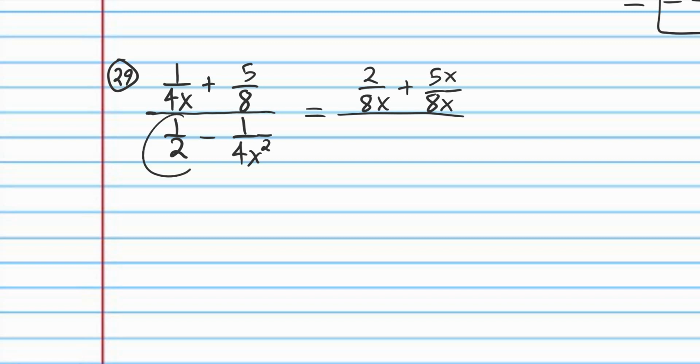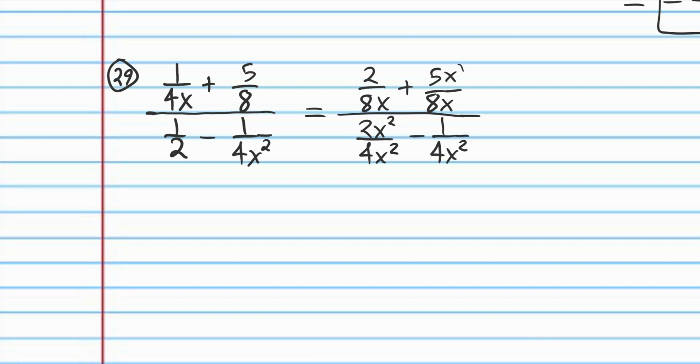I'm going to multiply both sides of this fraction by 2x squared. So 2x squared times 1 is just 2x squared. And 2x squared times 2 is 4x squared. And I don't have to do anything with the other fraction.